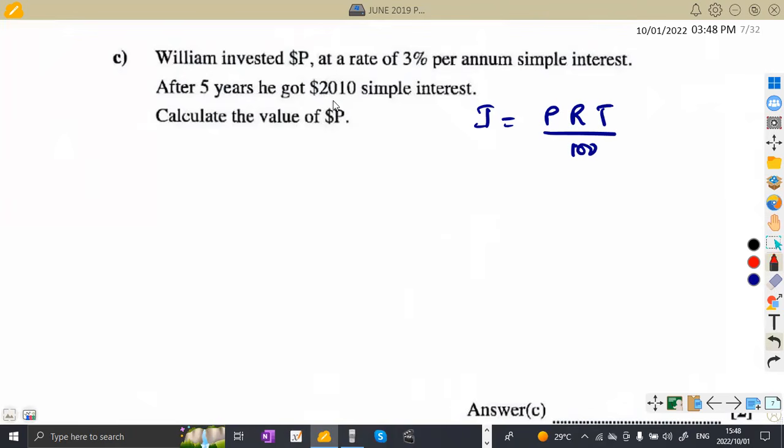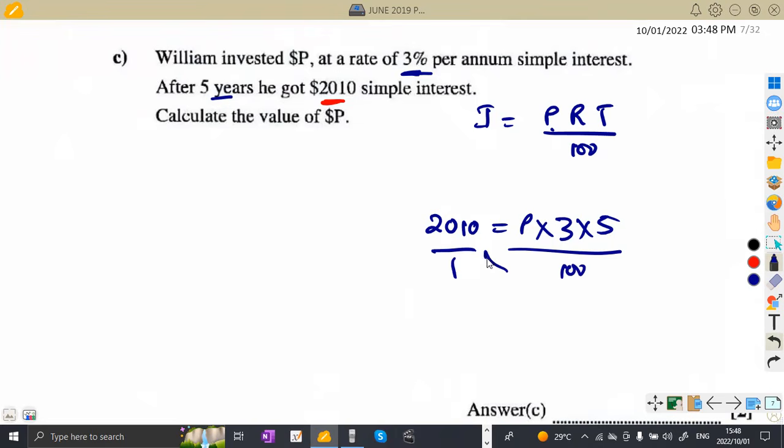We've got the interest that she got, which is $2,010. The principal, we do not have. The rate we are given is 3%, times the time, which is in years, 5, over 100. So that's simply what you're going to have. So we can cross multiply here. That's 2010 times 100, which is going to be 201,000, equal to 3 times 5, that's 15P.